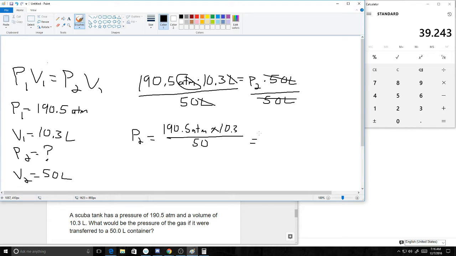Our pressure here is 39.243. And we said before the only unit we had left was atmospheres.